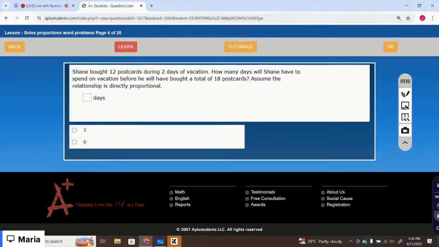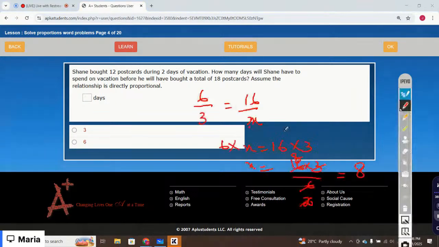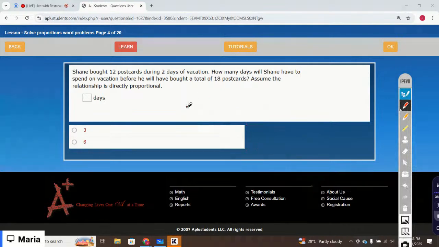Shane bought 12 postcards during 2 days of vacation. How many days will Shane have to spend on vacation before he will have bought a total of 18 postcards? That is 12 divided by 2 equals 18 divided by the missing number. So which is the correct option?